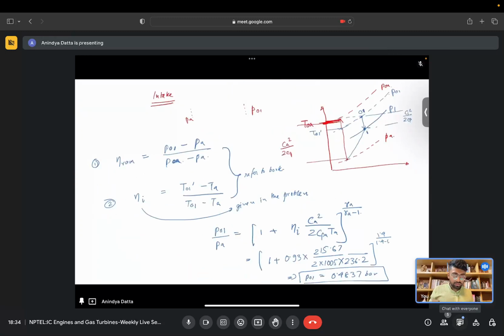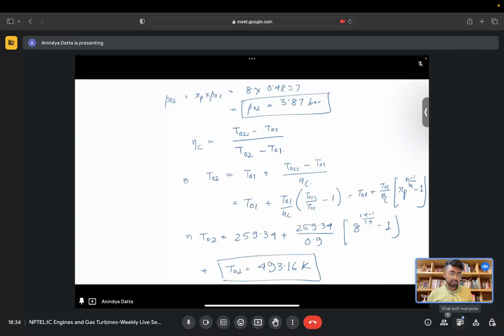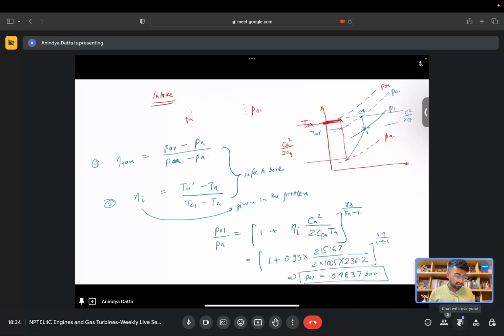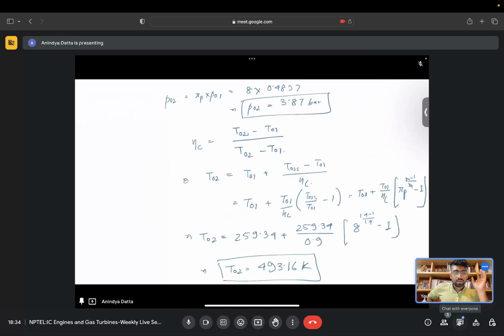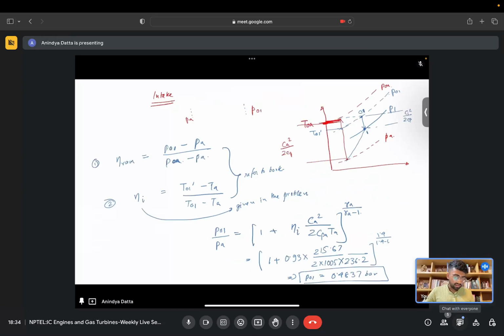Any questions so far? The extra thing that we did is to use the intake isentropic efficiency to find the pressure at the entry of the compressor, right? This part is the extra thing, which is in this slide on intake efficiencies.